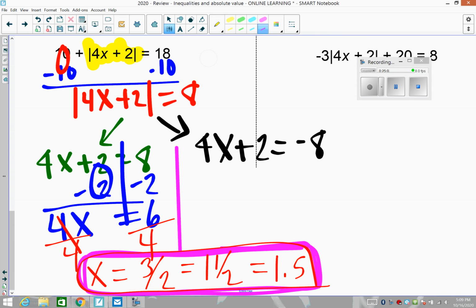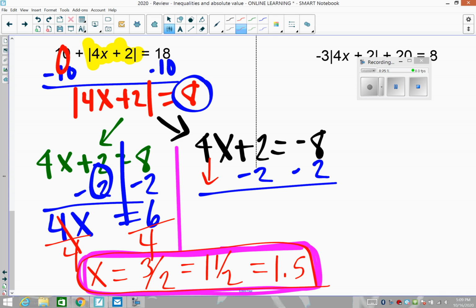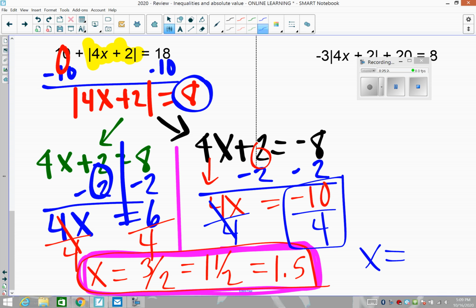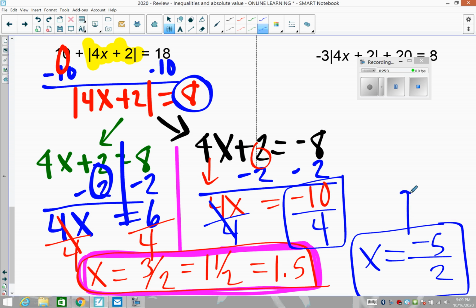Same game over here, of course, except I just made the output negative. So I subtract 2, copy, paste, drag it down. We divide both sides by 4, copy, paste. So we get x equals, and this would reduce: divide the top by 2 and the bottom by 2, negative 5 over 2, which also equals negative 2.5.